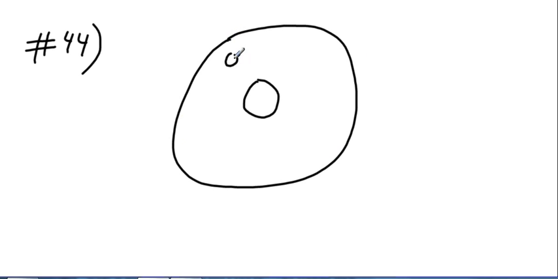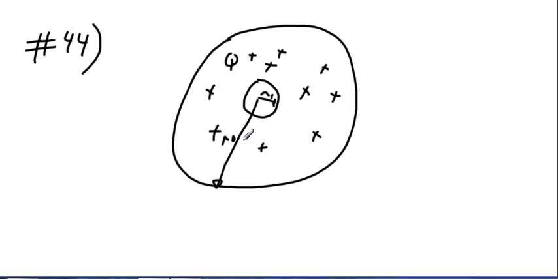I've got a positive charge Q uniformly distributed in the solid. I've got an r1 and I've got an r0. Okay, so that's my figure 22.32. Okay, so that's the case.